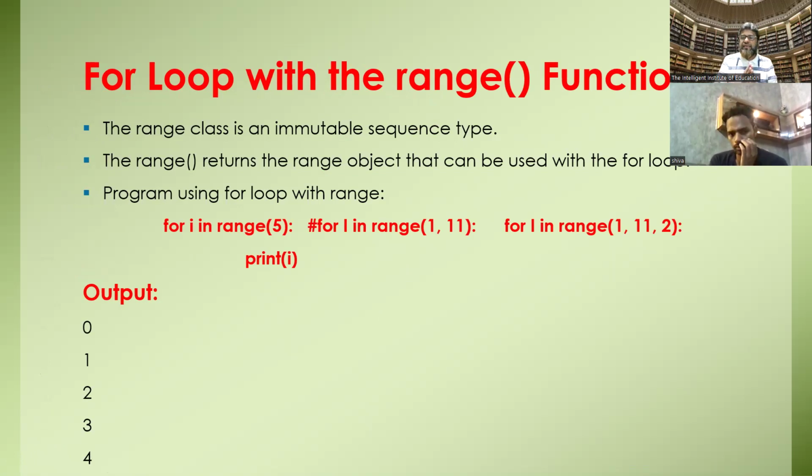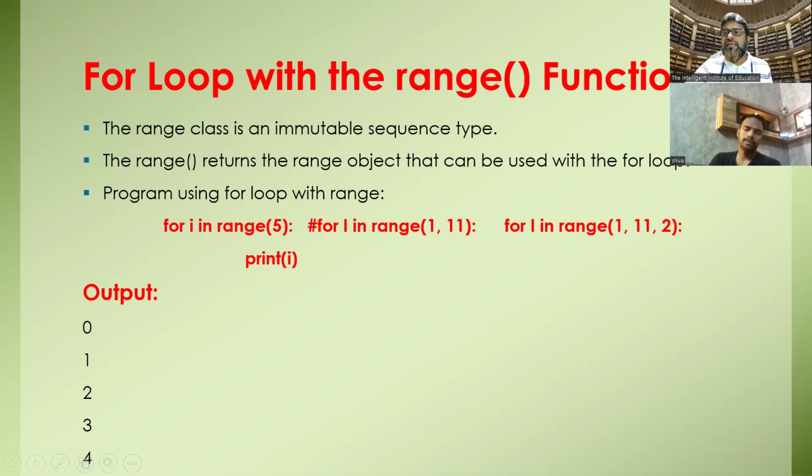Yesterday I saw the program you gave. Here we have from where we start and where we end, and with a comma we can give an interval. For example, the first number will be 1, and the next number I want with a gap of 2. Then the second will be 3, then a gap of 2 again.